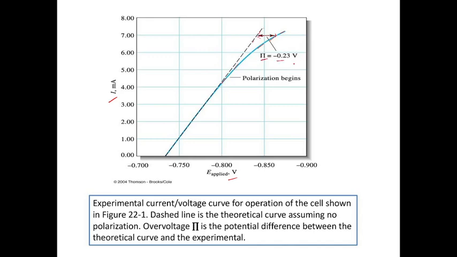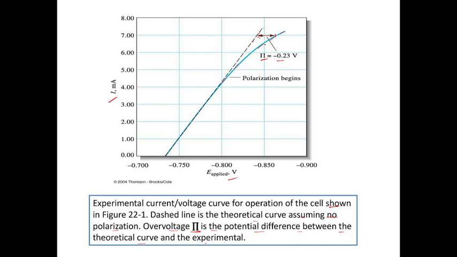It is equal to minus 0.23 volt. This is the experimental current-voltage curve for operation of the cell shown in figure 2. The baseline is the theoretical curve, assuming no polarization. The overvoltage pi is the potential difference between the theoretical curve and the experimental value.